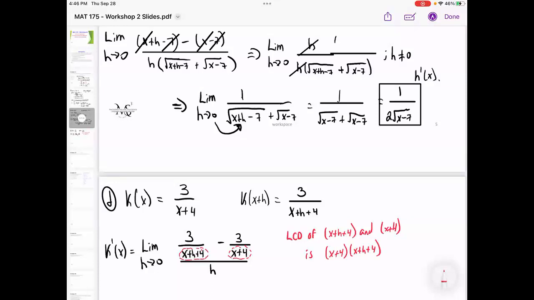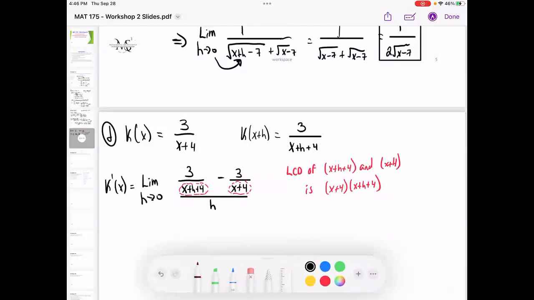Now, here's what we're going to do. We're going to take the LCD and multiply it by 3 over x plus h plus 4. Then we're going to take the LCD multiplied by 3 over x plus 4, and then we multiply it by h.